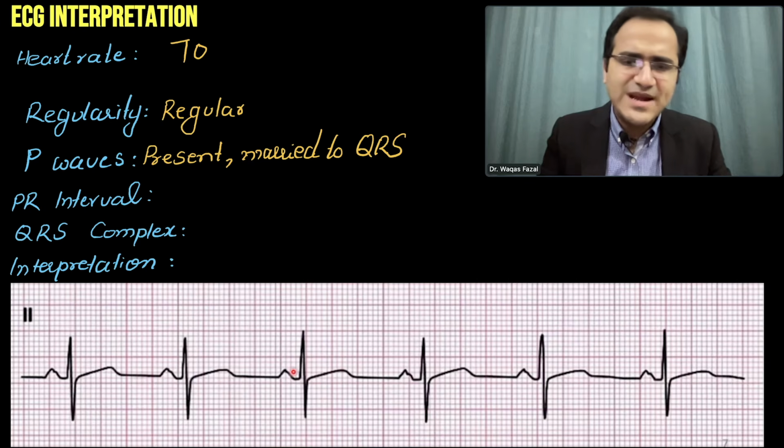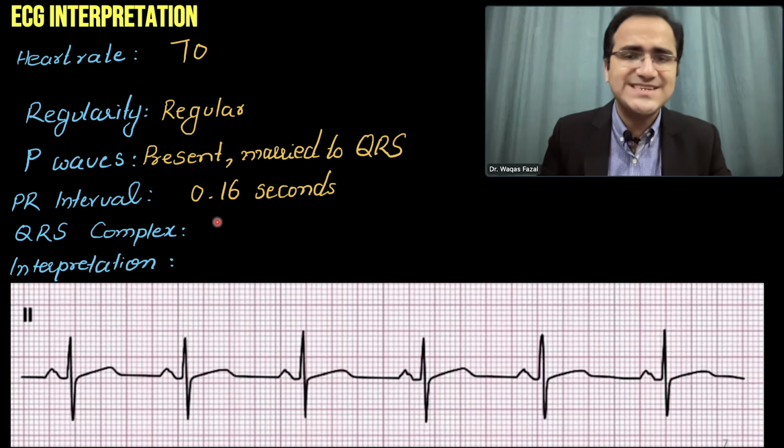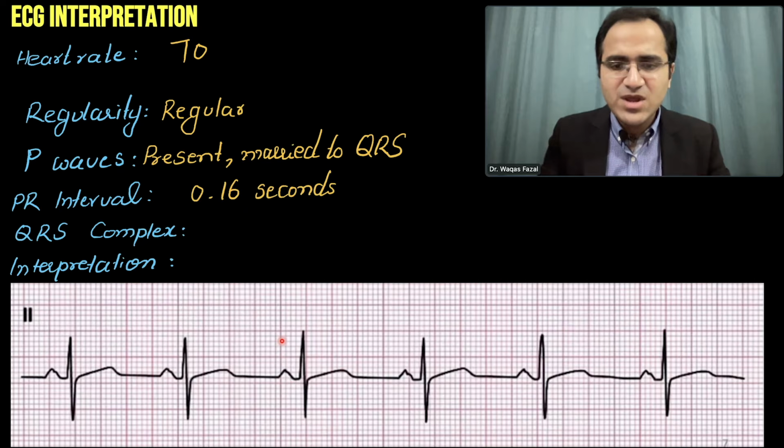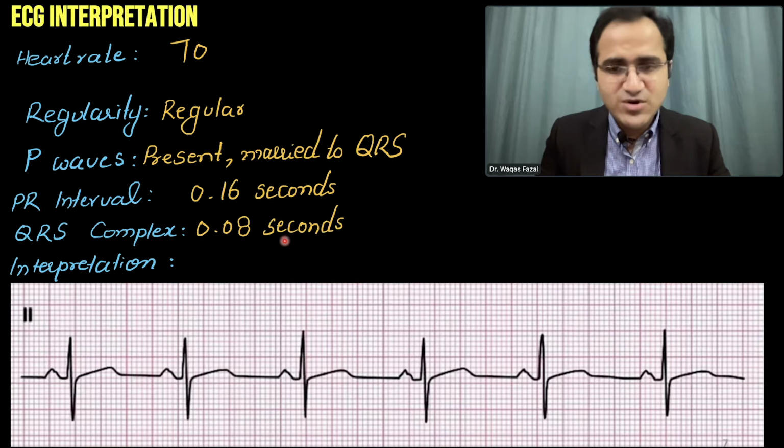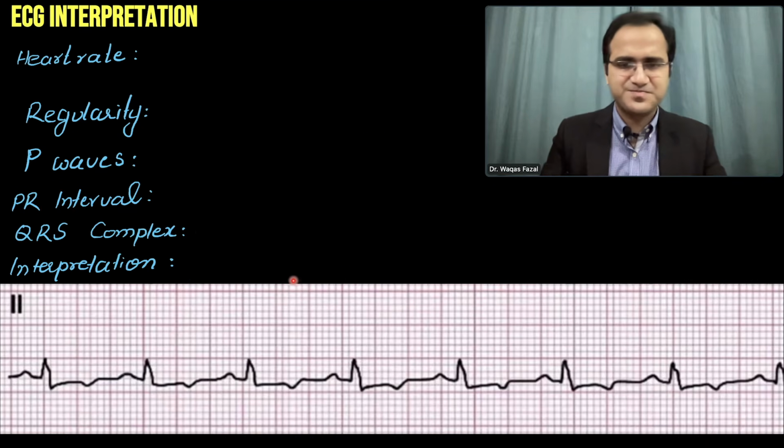So it is normal and it is married to the QRS complex because it is followed by the QRS complex. Let's look at the PR interval: 1, 2, 3, 4. So we have 0.16 seconds of PR interval. Looking at the QRS complexes, they are sharp, narrow, with pointed angles, 0.08 seconds. The interpretation is a sinus rhythm.